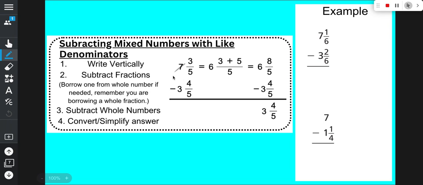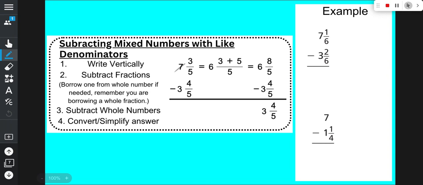So we take 1 away from the whole number. Now, this is where it's different than borrowing from whole number to whole number. We are actually borrowing a whole fraction. If we look at our fraction, if we had a whole fraction of this, we would have 5 out of 5.